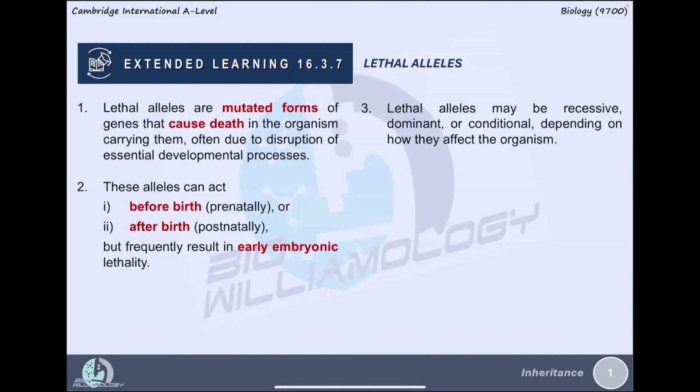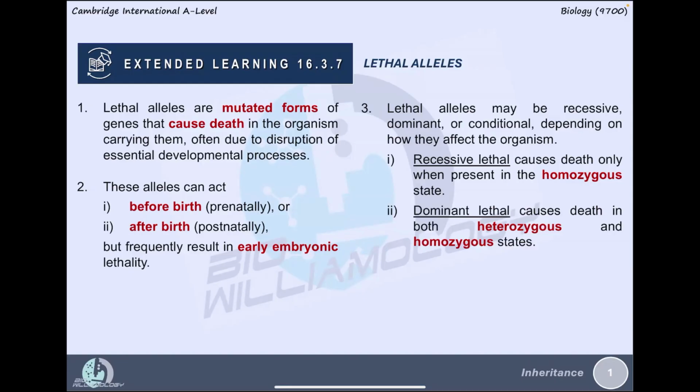Lethal alleles may be recessive, dominant, or conditional depending on how they affect the organism. A recessive lethal allele causes death only when present in the homozygous state. However, a dominant lethal causes death in both heterozygous and homozygous dominant states. On the other hand, a conditional lethal is only lethal under specific environmental conditions.